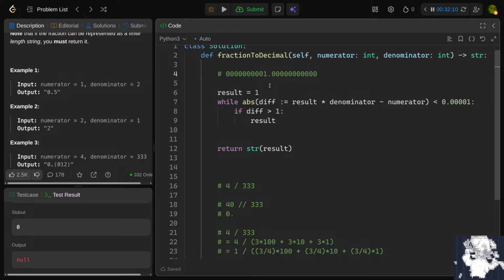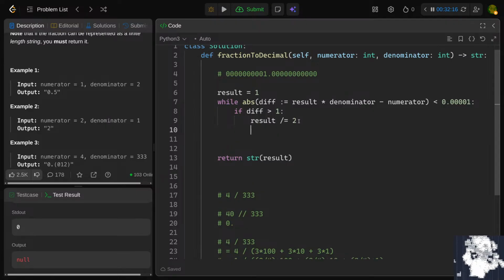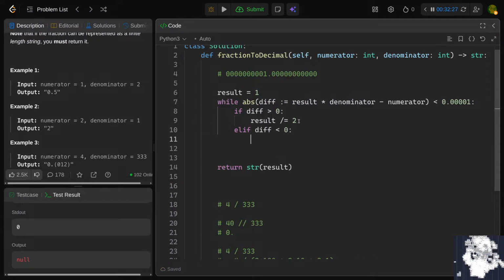So I want to halve it. Result divide by equals 2. If diff is less than 0, wait, this should be 0. If diff is less than 0, let's try multiplying our result by 2.